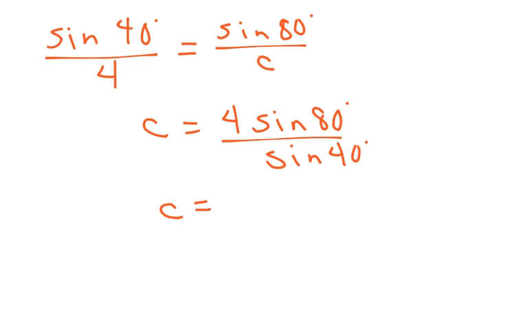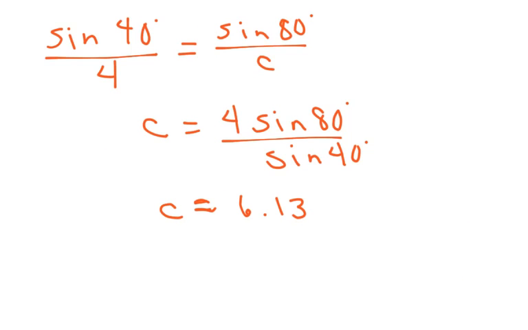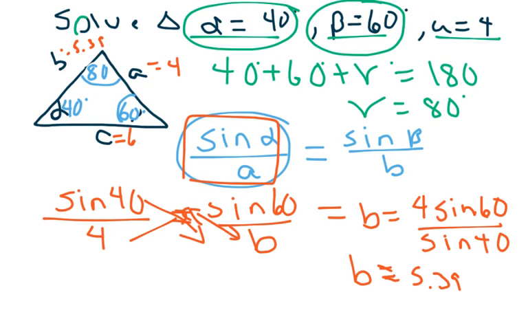And use your calculator, and you should get approximately 6.13. And then you put it back on your triangle. 6.13. And just kind of look, the side across from 40, the smallest angle, should be the smallest side, and so on.